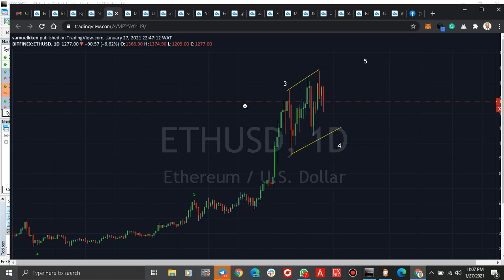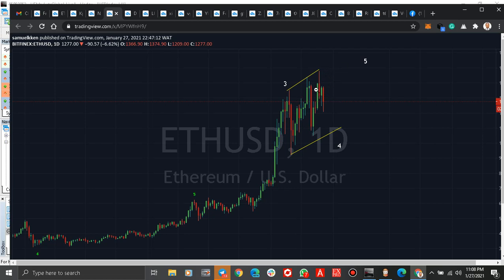Ethereum is doing something different from Bitcoin and some other major coins. You can see Ethereum is stronger in going up than coming down, unlike Bitcoin. Okay, Ethereum is making what we call a running flat.